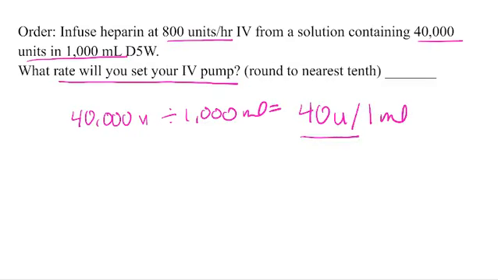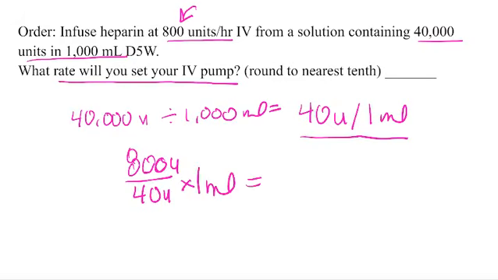That's just such a more friendly number to use. And now I'm going to take a look at my doctor's order again. My doctor wants 800 units. So I'm going to take 800 units, divide that by 40 units and multiply that by 1 ml. So 800 divided by 40 equals 20. So my answer here is 20 milliliters per hour.